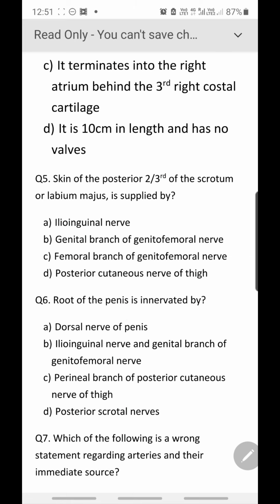So in this, actually the main nerve supply they have not mentioned, and that was the posterior scrotal nerves, right? That's in the posterior 2/3 of the scrotum medially, but laterally in the posterior 2/3 of the scrotum, the nerve supply is by posterior cutaneous nerve of thigh. These are the perineal branches from this nerve given, supplying the genitalia and the posterior 2/3 laterally. Okay.